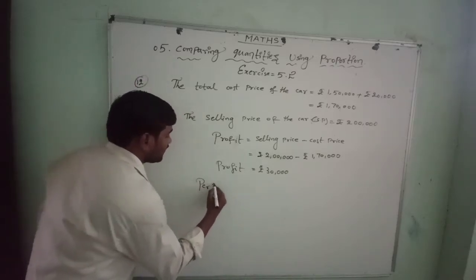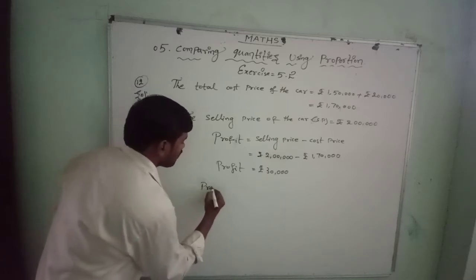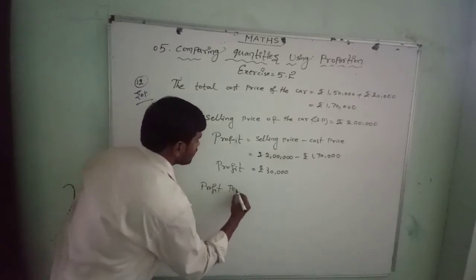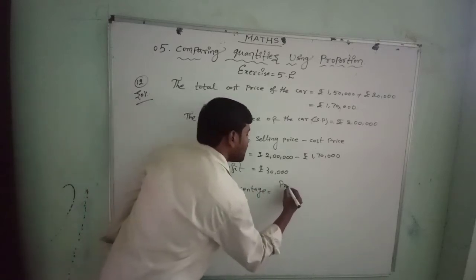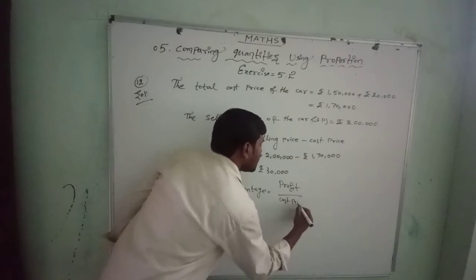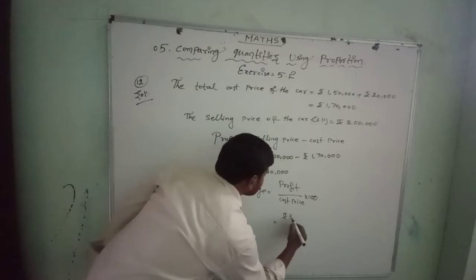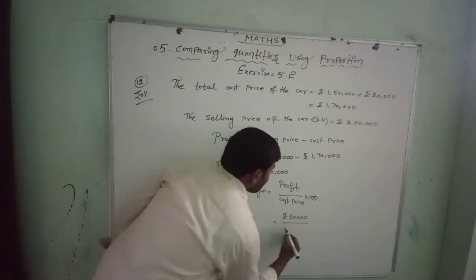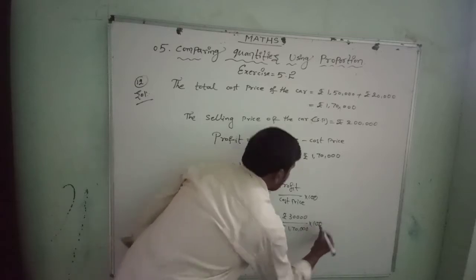Then profit percentage. The formula is profit by cost price into 100. The profit we got is 30,000 by cost price 1,70,000 into 100.